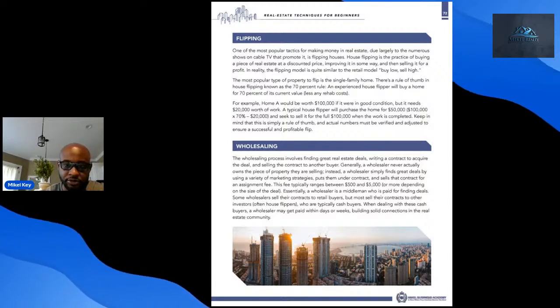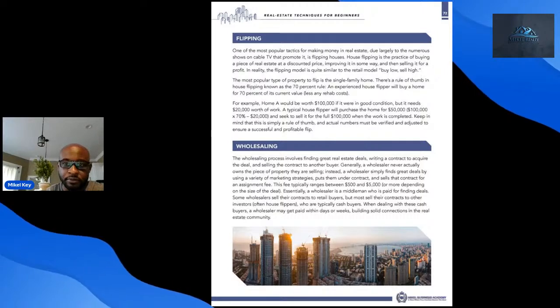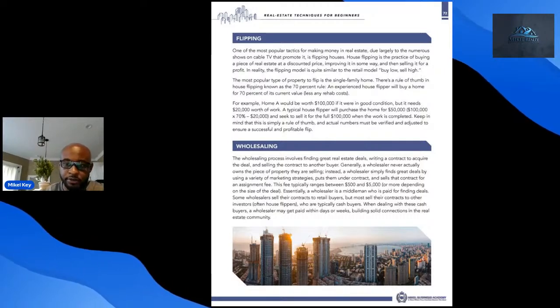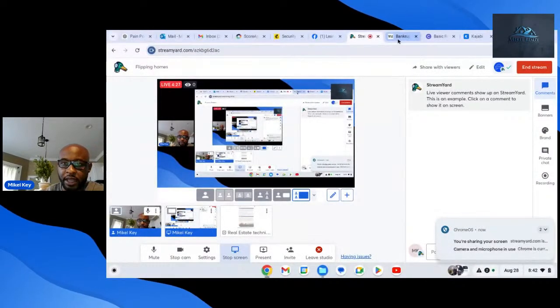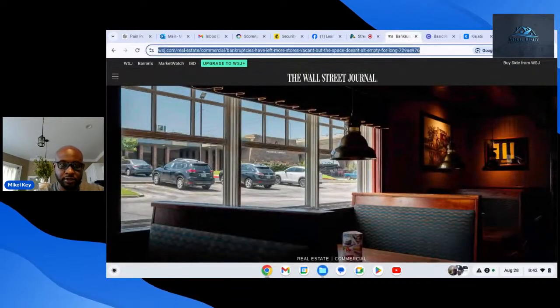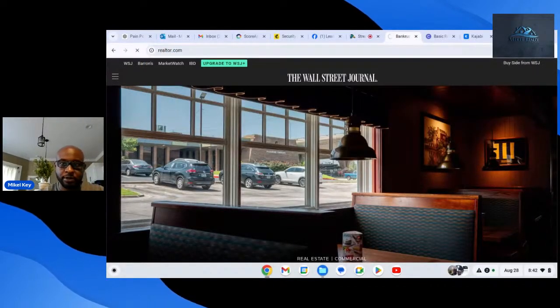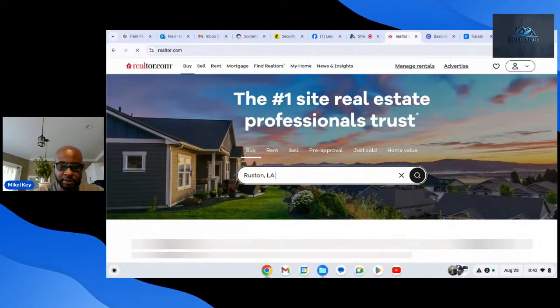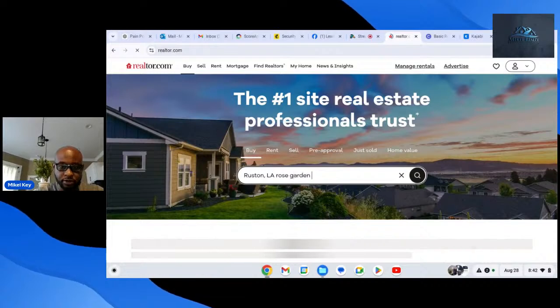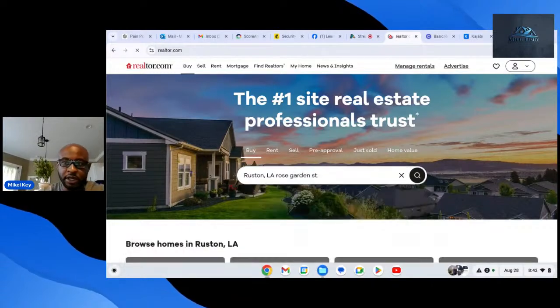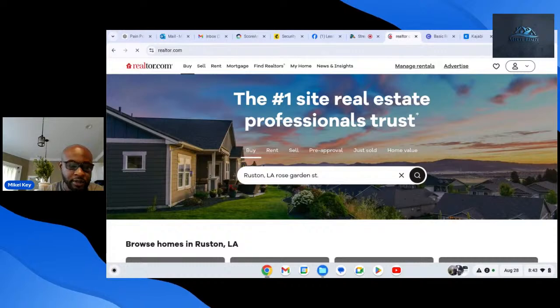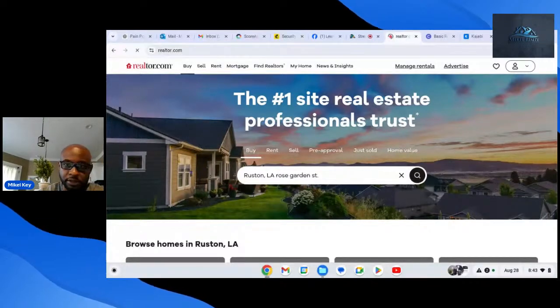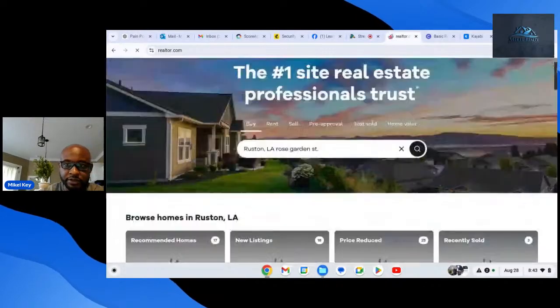So I'm going to share my screen with you. What we're going to do is play around with the after repair value right quick. So let's go to realtor.com. I'm going to take Ruston, Louisiana, and let's go to Rose Garden Street, the street that I live on. What I want to do is look for some properties that have recently sold.